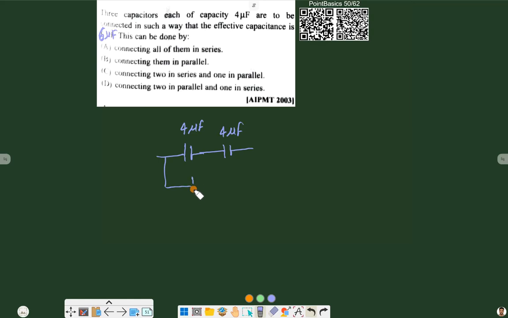And now if we connect a 4 microfarad in parallel, so first this we can say capacitor A, capacitor B, and capacitor C. Capacitors A and B are in series, so their effective capacitance will be 2 microfarad, and that 2 microfarad is in parallel with 4 microfarad, so their parallel combination will give 4 plus 2 equal to 6 microfarad capacitance, which is required. So 2 in series with the third one in parallel, connecting 2 in series and 1 in parallel. Option C will be the right answer.